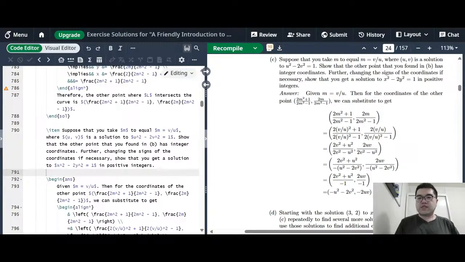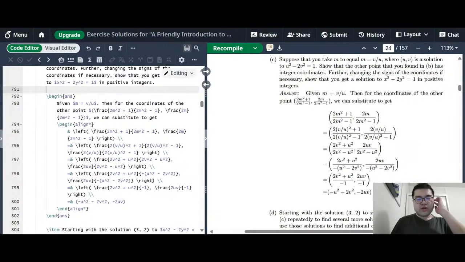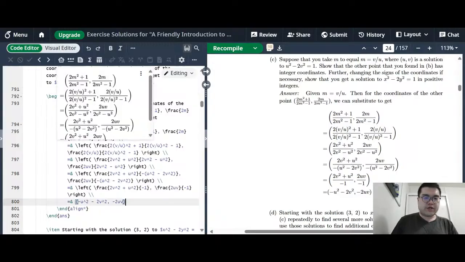So we actually get the expression down here, and unfortunately, for some reason, both x and y values are negative here.